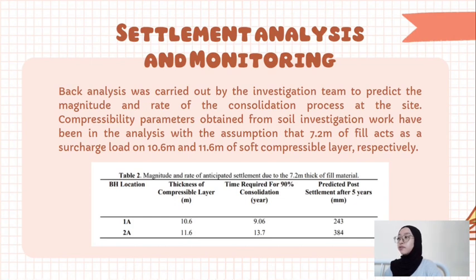So firstly, for the settlement analysis and monitoring, back analysis was carried out by the investigation team to predict the magnitude and rate of the consolidation process at the site.